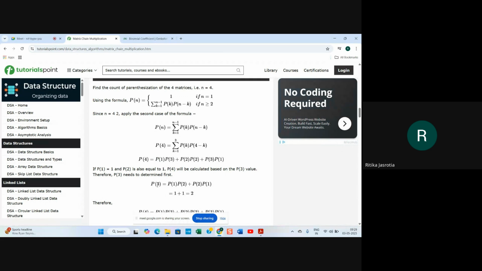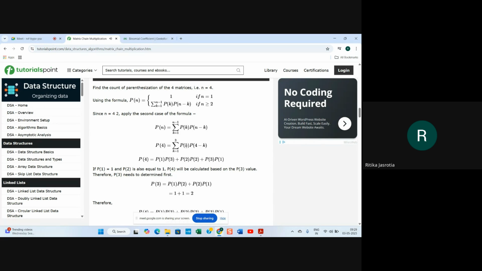If we take P3, K is equal to 1 to n minus 1. N minus 1 means 3 minus 1, which is 2. So K is equal to 1 to 2.